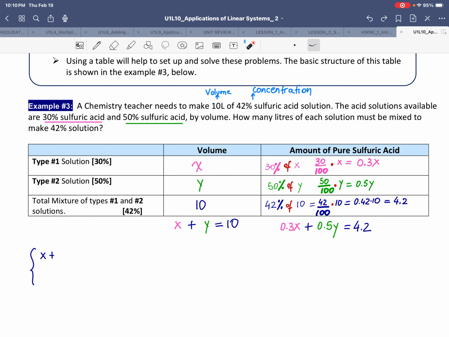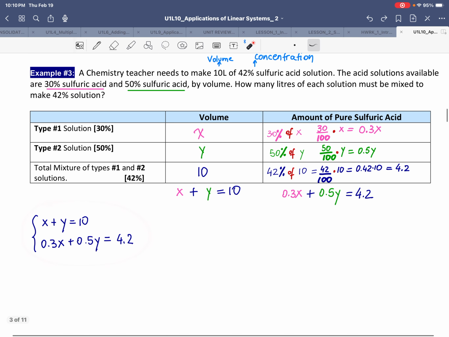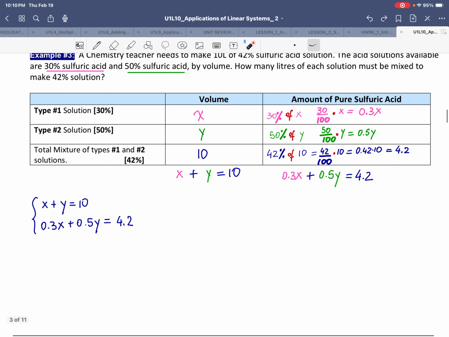So we're going to put them together in a system of equations, and voila, here is hiding the solution to our problem. And we know how to solve these systems. Remember, this is one with decimals. So what we're going to do is try to convert the decimals into whole numbers, into integers more precisely.